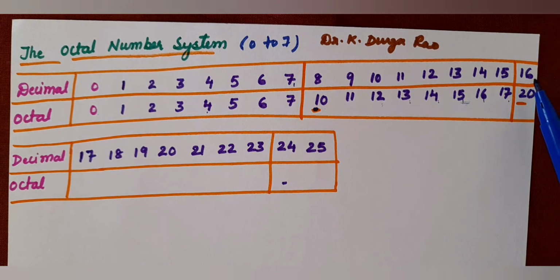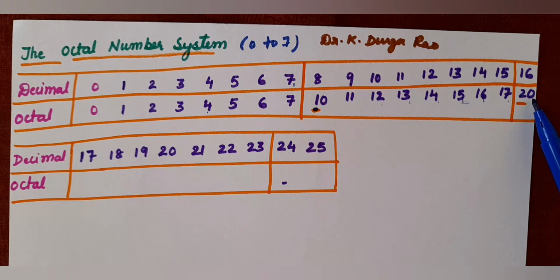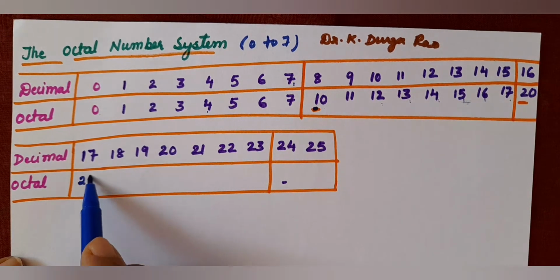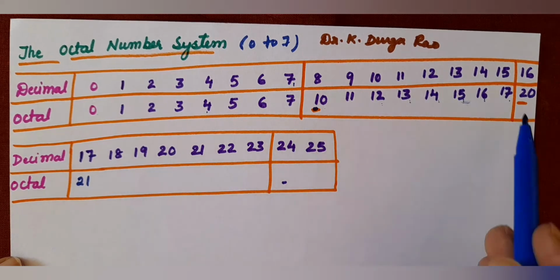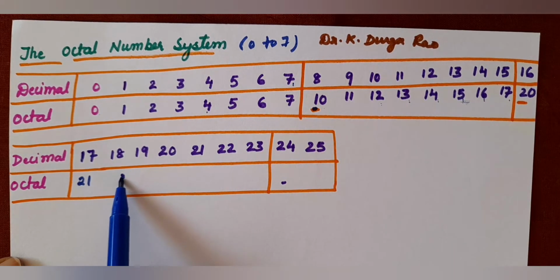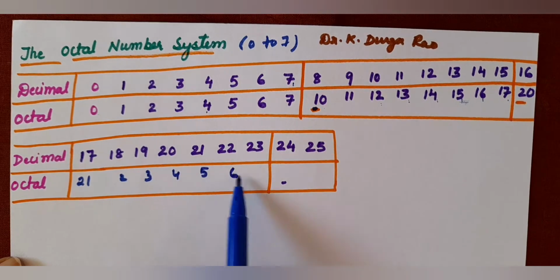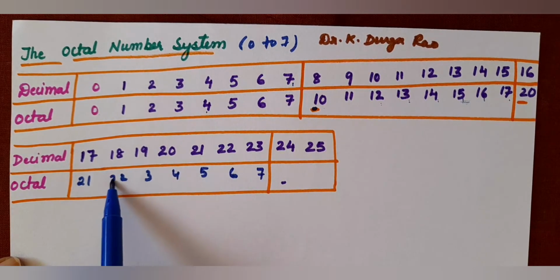Suppose now for 16, what will it be? It will again start from 0 with the series of 2. What will be 17 now? 2, 1. So 0 to 7, 1, 2, 3, 4, 5, 6 and 7 with the series of 2.